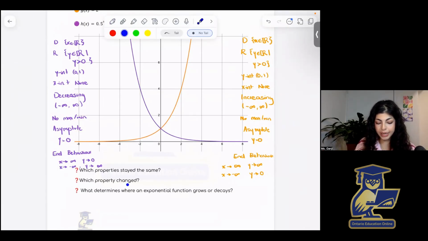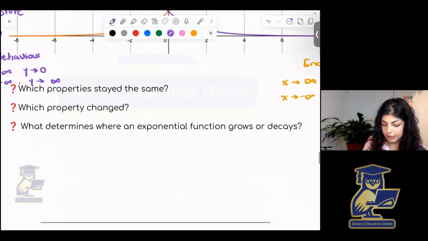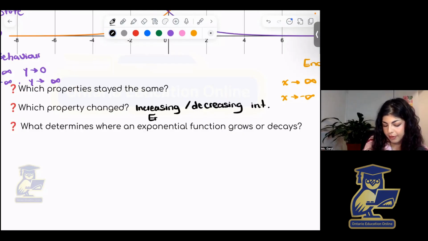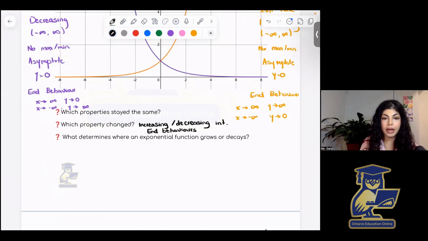However, properties that changed would be, and maybe that's the one I'm going to write, increasing and decreasing intervals, as well as the end behaviors are changing there. But other than that, the rest of it is the same.